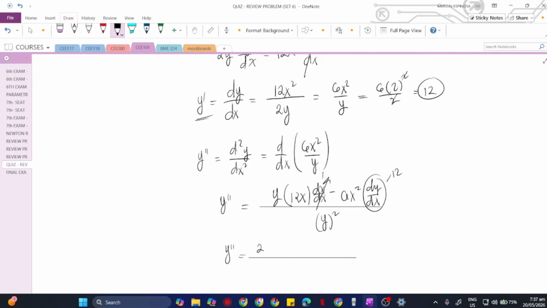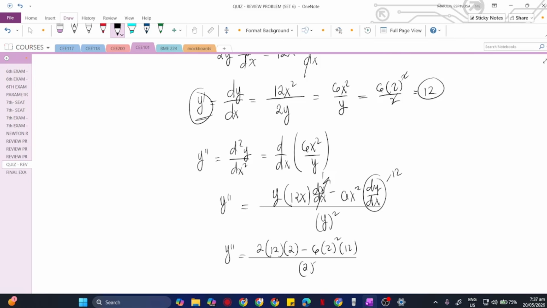So our y is equivalent to 2 times 12, then that is to be multiplied by x, which is also 2, minus 6, then we have 2 squared, and then dy over dx, or the first derivative of y, which is equivalent to 12, that we got here.